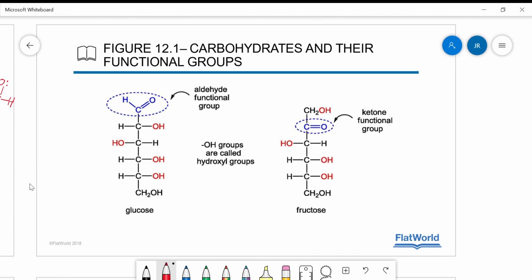Okay. So carbohydrates and their functional groups. In the previous slide, I guess I jumped into it. I couldn't help it. We looked at the functional groups. So we can see this functional group here.